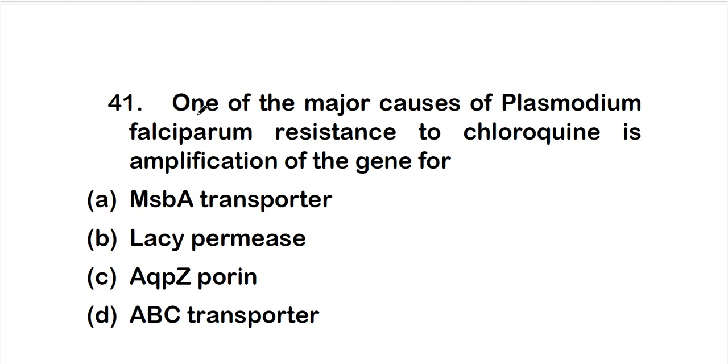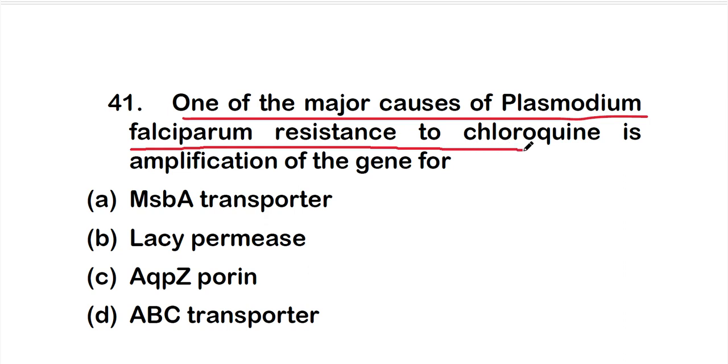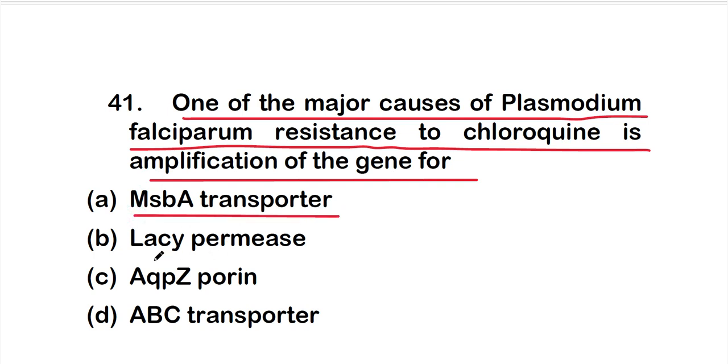The first question of this video: one of the major causes of Plasmodium falciparum resistance to chloroquine is amplification of the gene for option A, MSBA transporter gene, option B, Lassie permease gene, option C, AQPZ porin gene, or option D, ABC transporter gene.